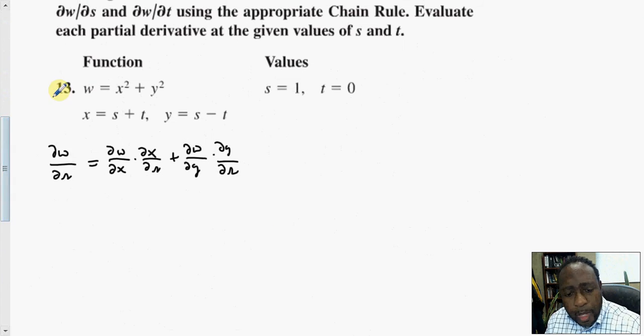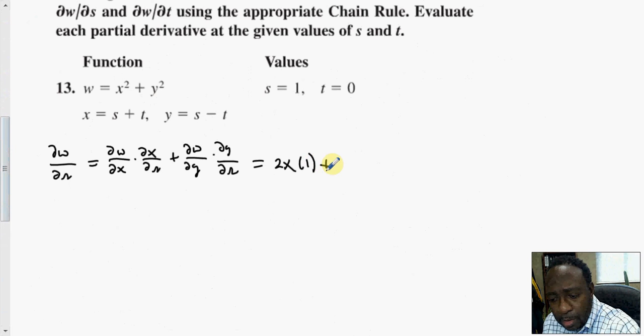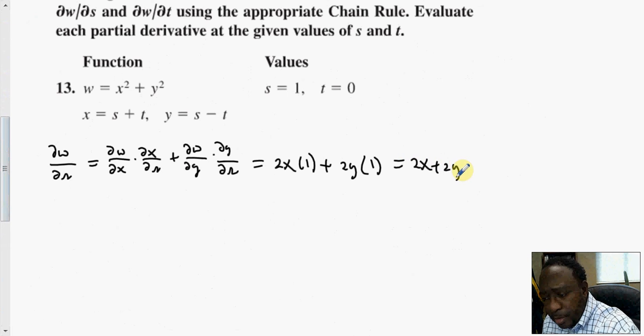So, yes, the partial of w with respect to x is 2x, and then the partial of x with respect to s is 1, plus the partial of w with respect to y is 2y, times the partial of y with respect to s, that's 1. So that gives us 2x plus 2y. Replace the x and y with their respective values.